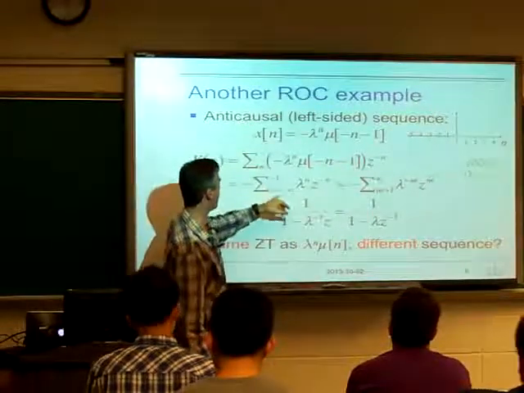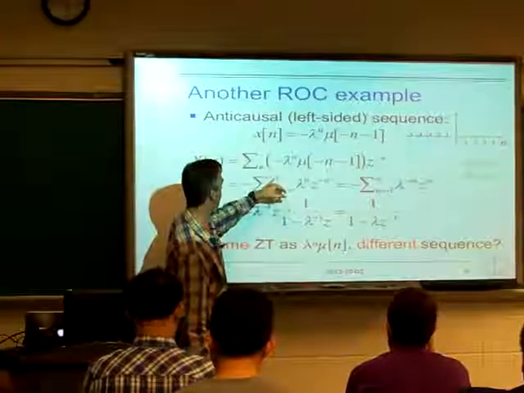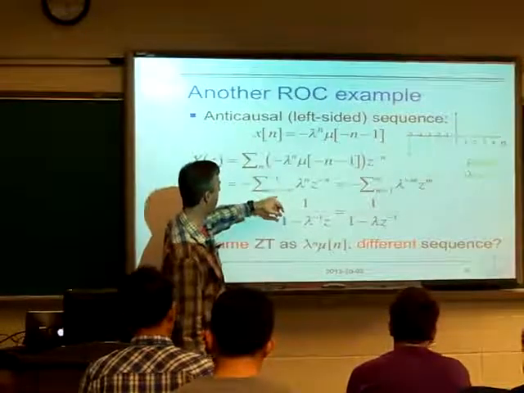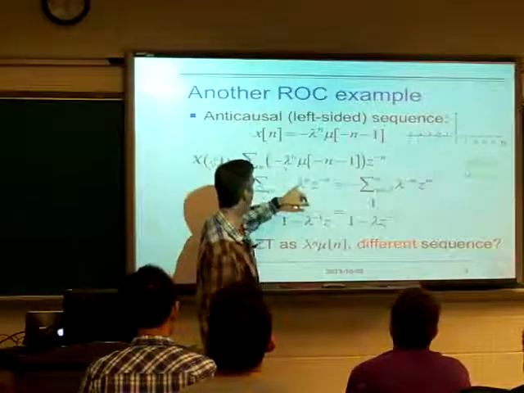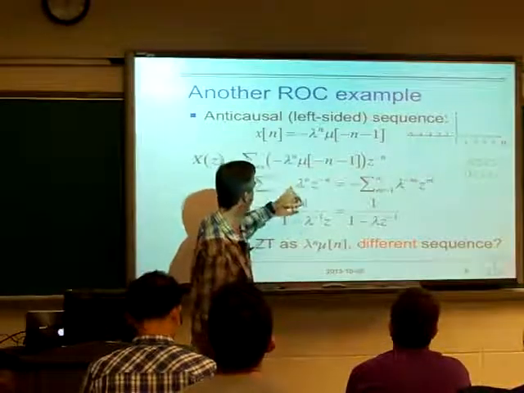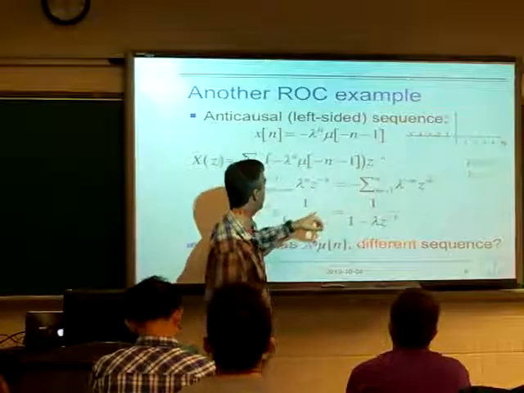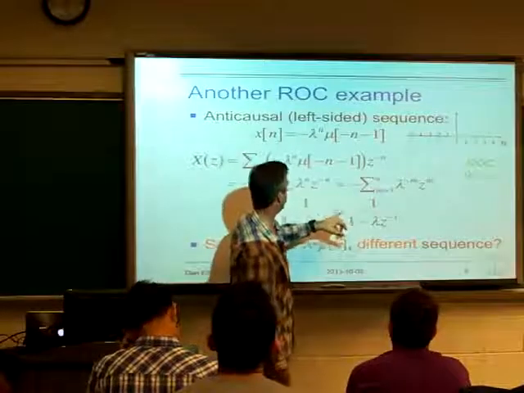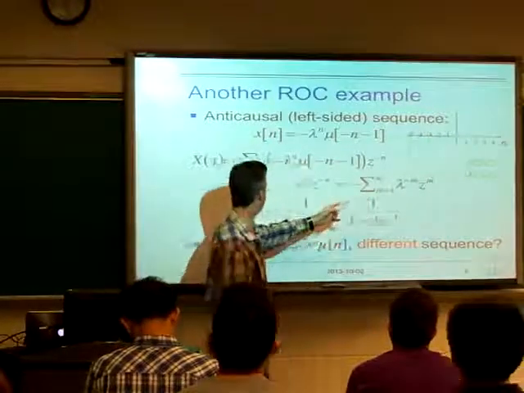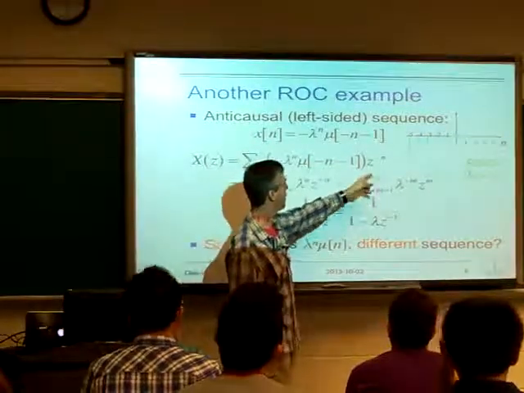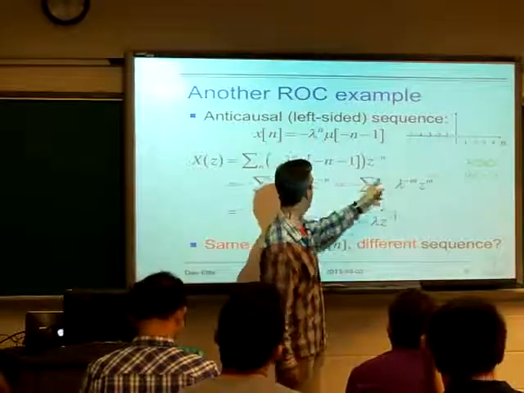So that's only non-zero for n less than 0, so n equal minus infinity to minus 1. And then we take the minus sign out, so we get minus the sum over this range of lambda to the n, z to the minus n, which we can do a change of variable on, so we say m equals minus n.